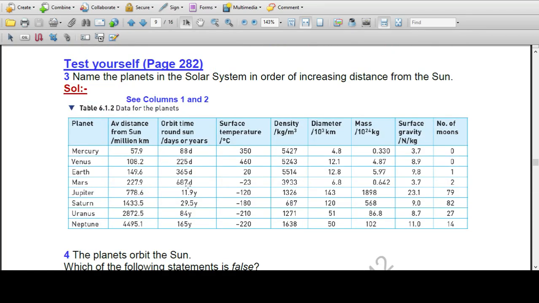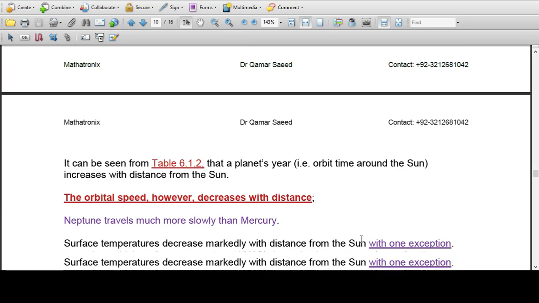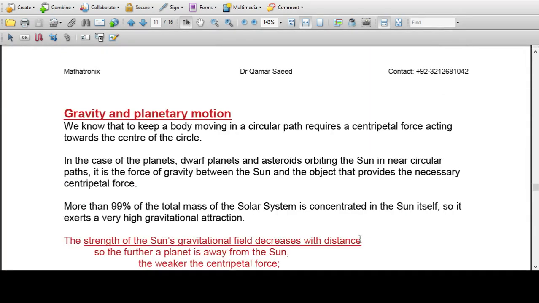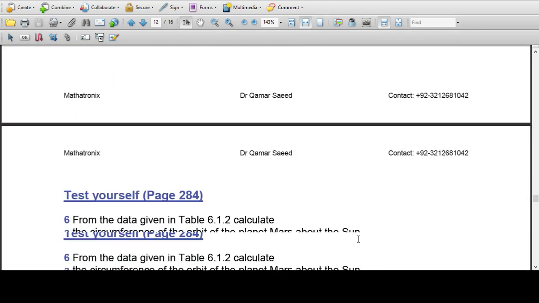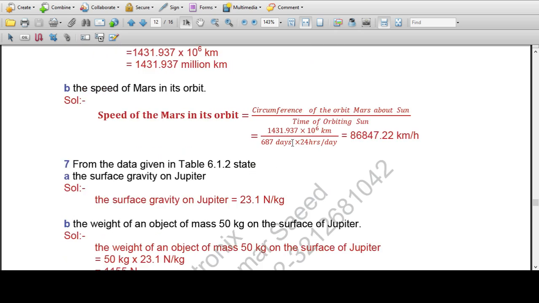This one is taken from here, and this is with reference to the Earth day.